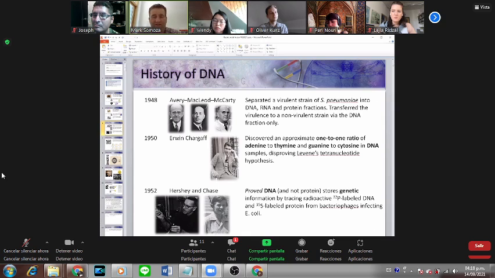I guess it must be a DNA virus. And when the virus infected the bacteria, only the P32 label was transmitted, indicating that the DNA is storing the genetic information.